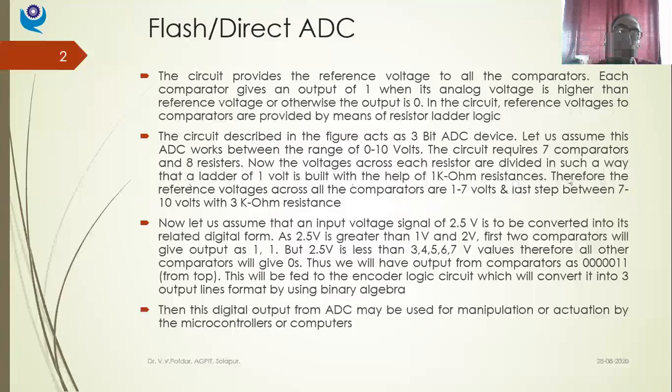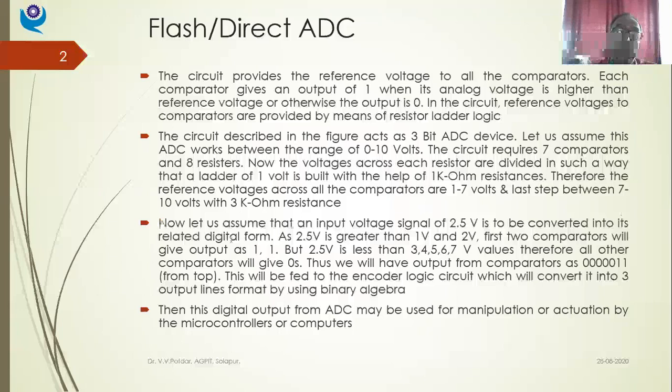Therefore, the reference voltages across all the comparators are 1 to 7 volts in steps of 1 volt each. And the last step between 7 to 10 volts has a 10 kilo ohm resistance. So I have a jump from 7 to 10. You can have more op amps, more comparators as well.